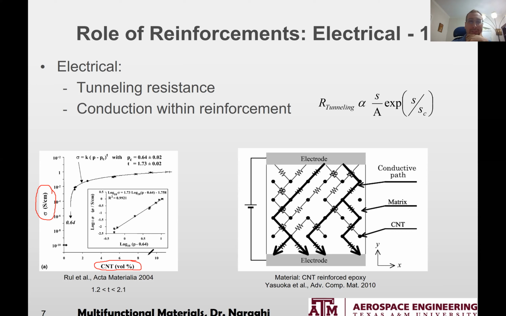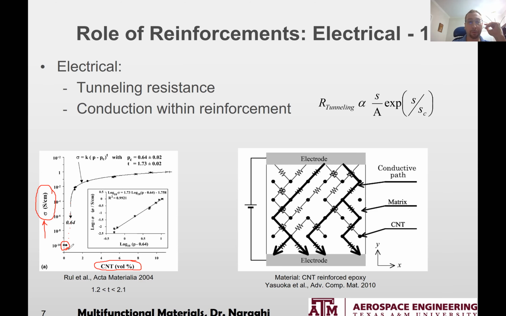And the curve you would see is a very strange curve. The first time you look at it, it may sound very strange. Initially, at very low volume percentages, conductivity is very low, and it's in a polymer that is inherently non-conductive. But then at certain volume fractions, the conductivity jumps very high. And notice that this axis is all logarithmic.